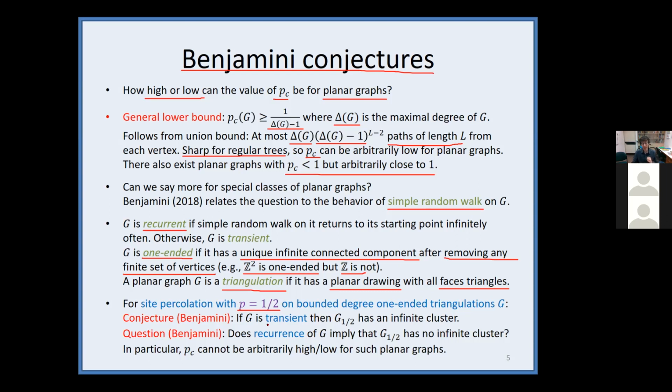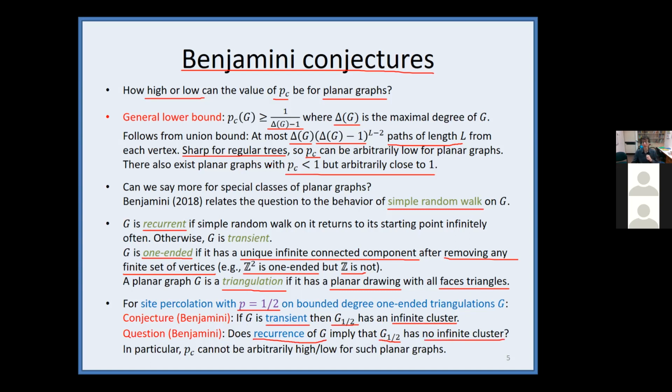Then, if the graph is transient, then at 1/2, the percolation has an infinite connected component. On the other hand, Benjamini asked, is it the case that when the graph is recurrent, then at parameter 1/2, there is no infinite cluster?